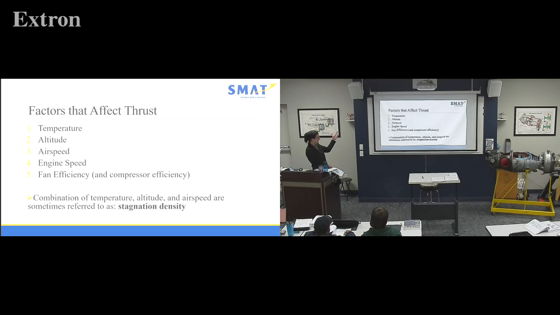Temperature, altitude, airspeed, engine speed, and fan efficiency, or if we don't have a fan, compressor efficiency. The temperature, altitude, and airspeed sometimes are grouped together when referred to as stagnation density. So if you see that term, stagnation density, it just means temperature, altitude, airspeed all together.